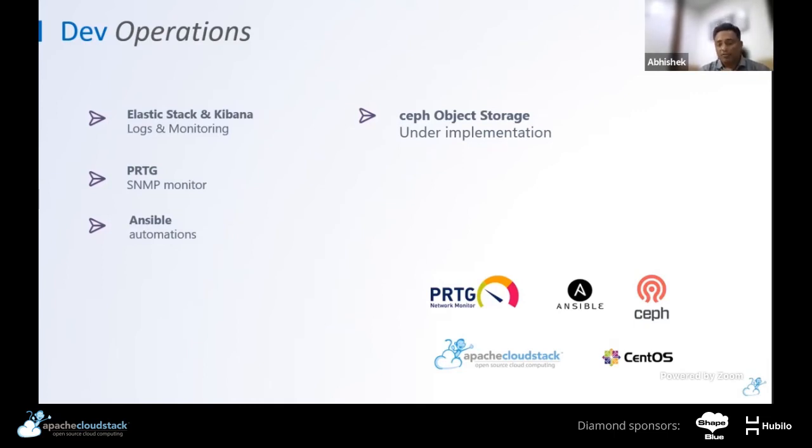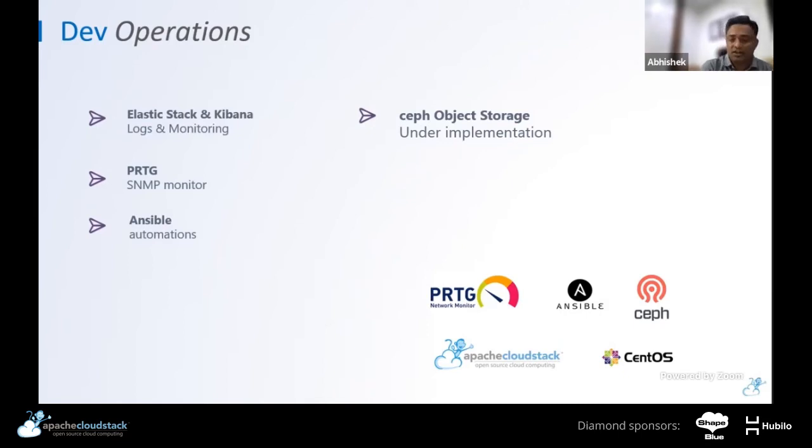However, we have been working on an implementation where we are trying to build a Ceph-based S3-like object storage network, which we intend to build at 400 terabytes of object storage that suits our need. It would work like buckets, and those functions are available in Ceph. We are almost at the testing stage right now, and probably in another week or two we would be live with the same.